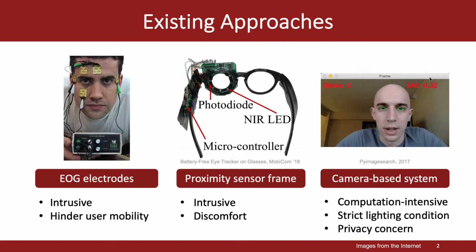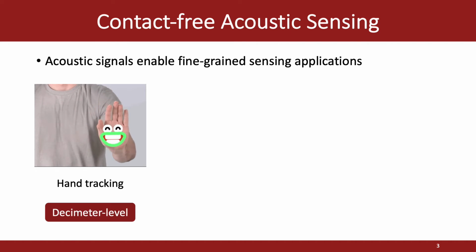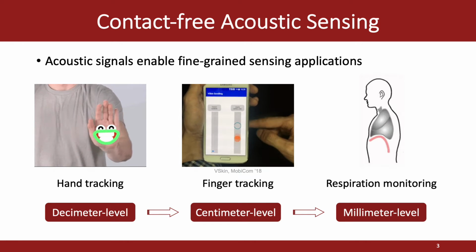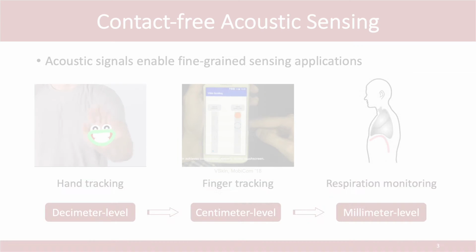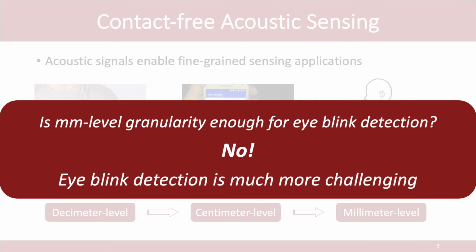and privacy concern. Due to the low propagation speed, acoustic signals enable fine-grained, contact-free sensing applications, from decimeter-level hand tracking to millimeter-level respiration sensing. However, millimeter-level granularity is not enough for eye blink detection, because eye blink detection is much more challenging.